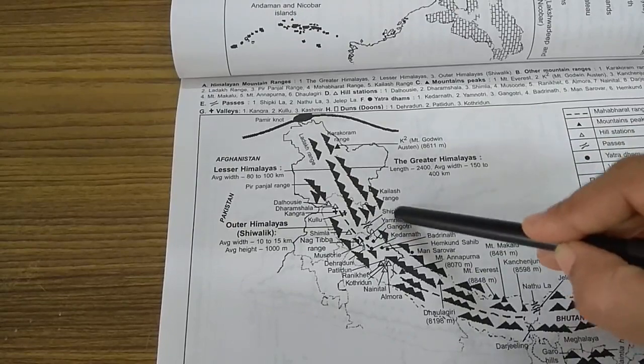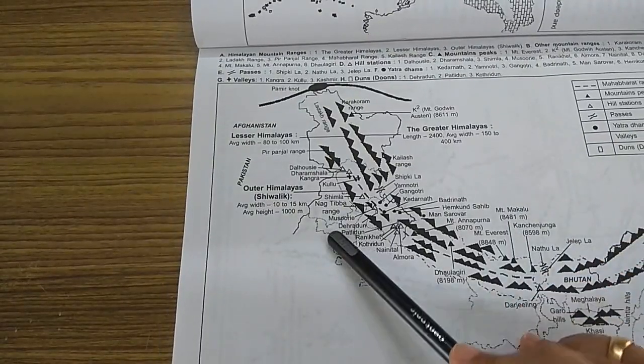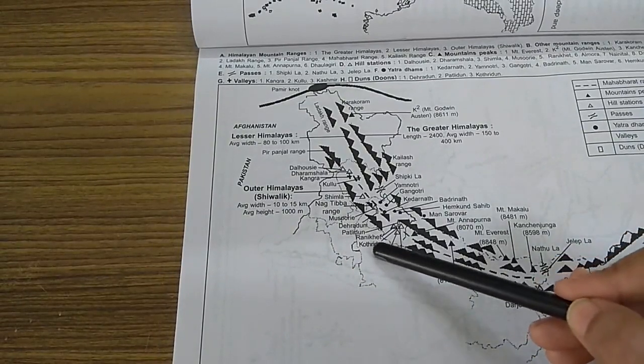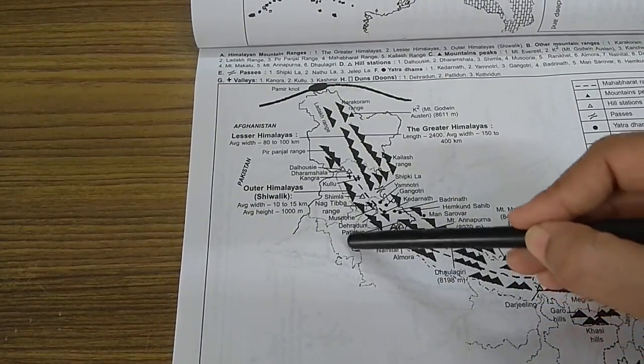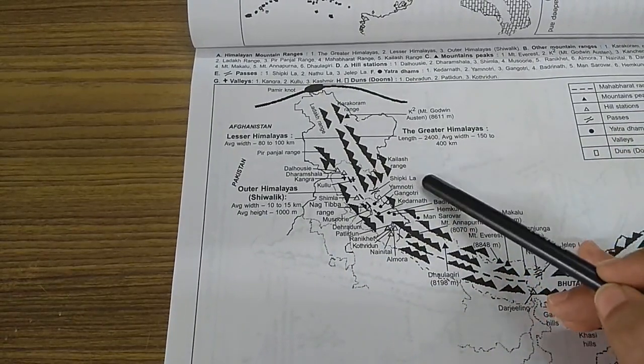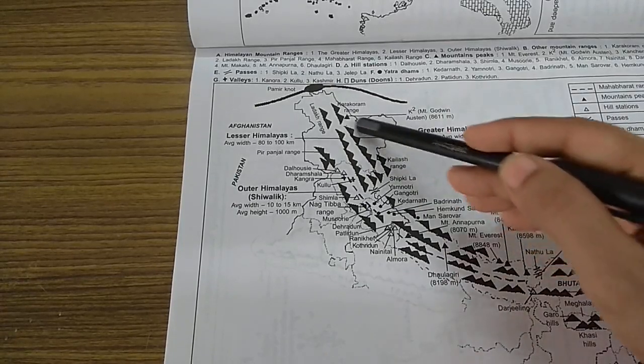We also saw just now about the dun, what is dun, and we saw about Dehradun, Patli Dun, Kothari Dun. Look at these, students. These are the duns. We saw that Shivkila, Jalapla, Manasarovar, which are the holy places, are located in these ranges. Just have a look at these, students.